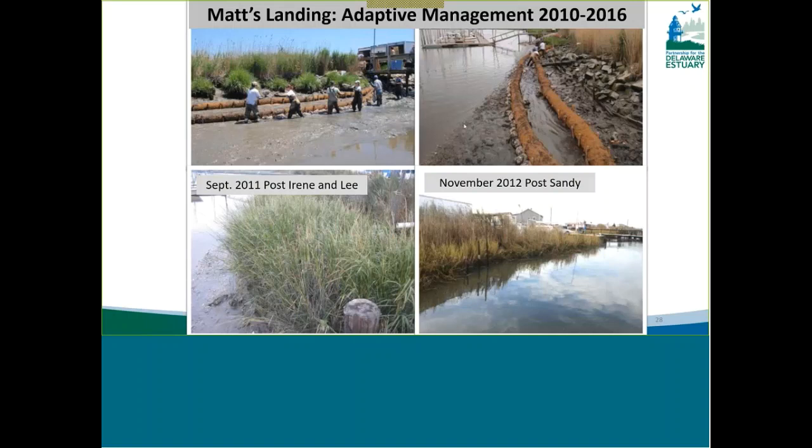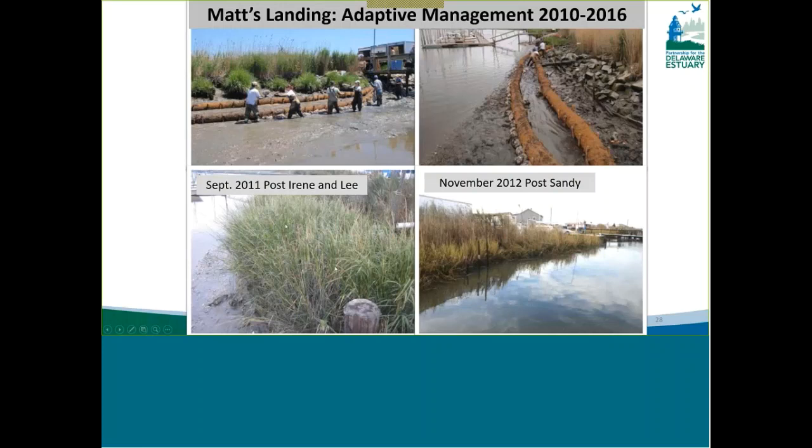This is 2010, a very simple bio-based living shoreline. There are floating docks out here, a pretty low-energy environment. We put in some coir logs to build terracing and added some shell in front of them. This is the one I showed a couple of slides back where we didn't meet our elevation target. It's right down here. This is the one where we did stay at our elevation target.